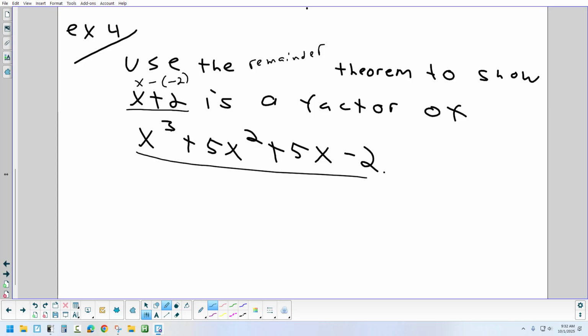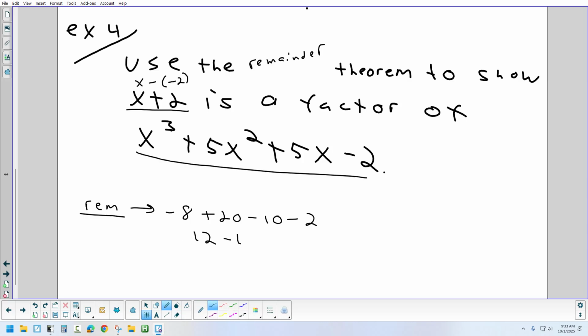What's -2 cubed? -2 cubed gives me -8. And then -2 squared is 4 times 5 is 20. 5 times -2 is -10, minus 2. -8 plus 20, that gives me positive 12.